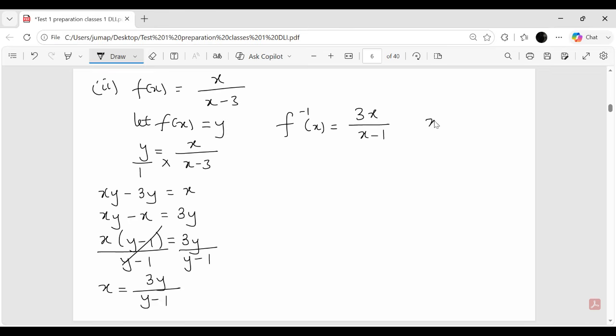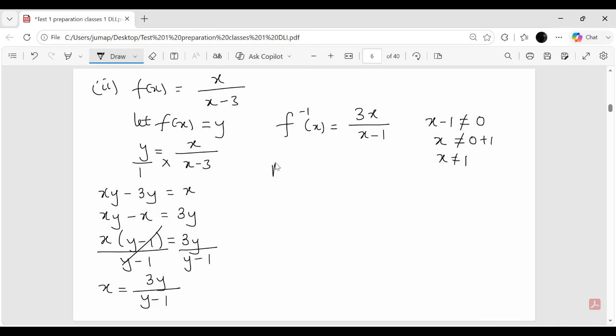So x minus 1 must not be equal to 0, because it is the only critical point that is making the function invalid. So x must not be equal to 0 plus 1, which is x must not be equal to 1. There you have that solution.